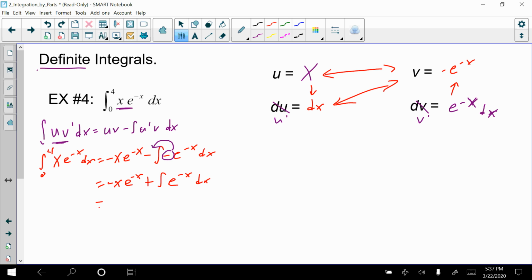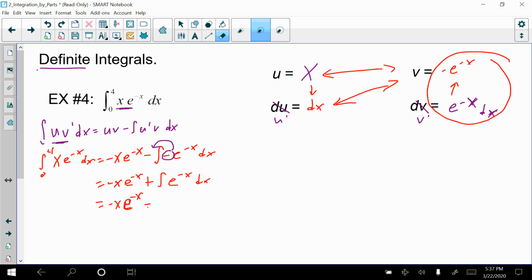We've simplified everything as much as we can, so now we take the antiderivative of the integral. So I have negative x times e to the negative x, and we've already seen the antiderivative of e to the x, so that's just going to be negative e to the negative x power.